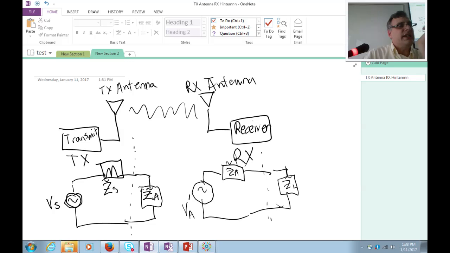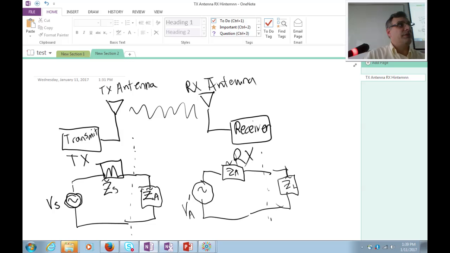And here's one of the interesting things about antennas. Because Maxwell's equations are linear in a simple medium, which is what we model free space as, it turns out that antennas are also reciprocal. That means that if you take an antenna as a transmitter, its radiation pattern will be identical to its radiation pattern as a receiver.